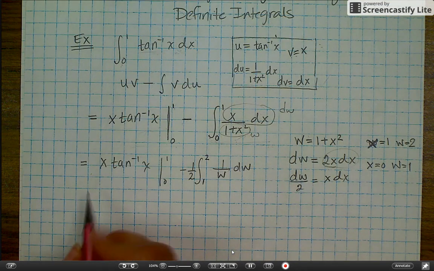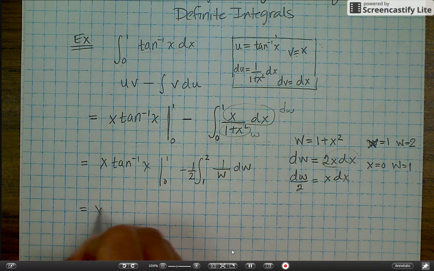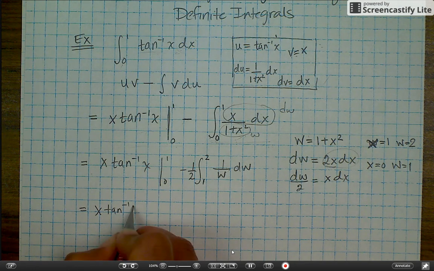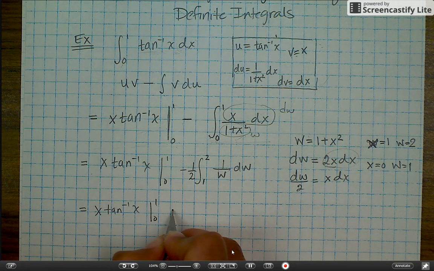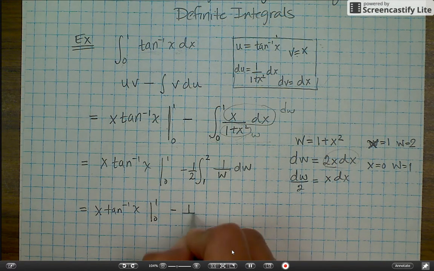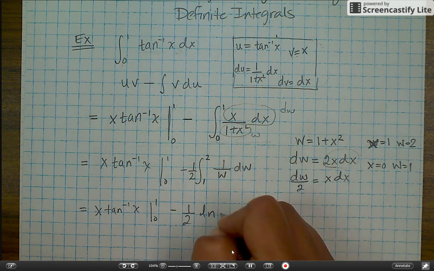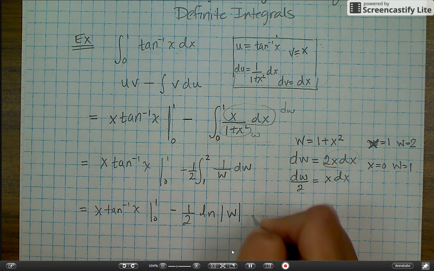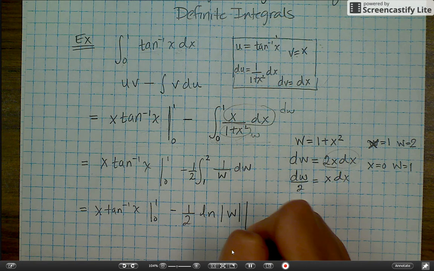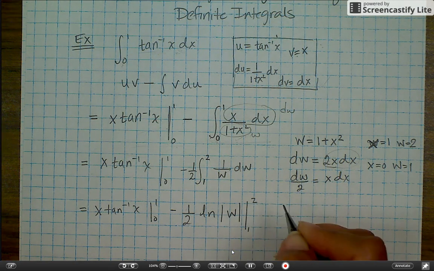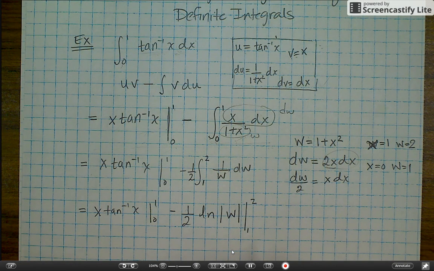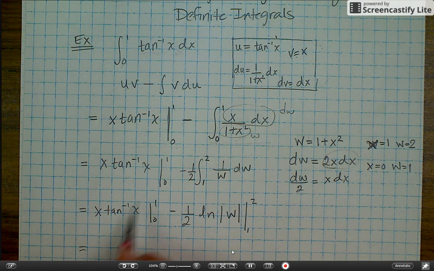Now this is going to be x tangent inverse x from 0 to 1, minus 1/2 natural log absolute value of w from 1 to 2. And then you would just integrate.